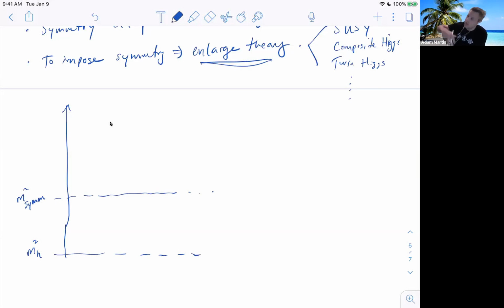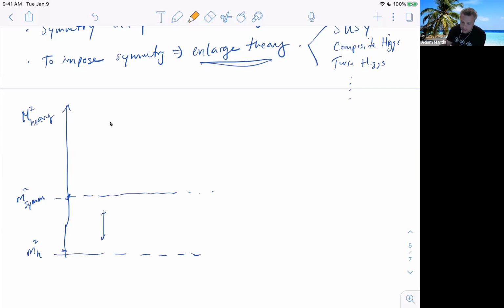This is the masses of the extra quarks. This is the masses of the twin whatevers. They're up at some scale. We can't put them here because I haven't seen them. So there has to be some little bit of gap here. And then we could imagine up here, we've got some super heavy GUT scale physics going on.